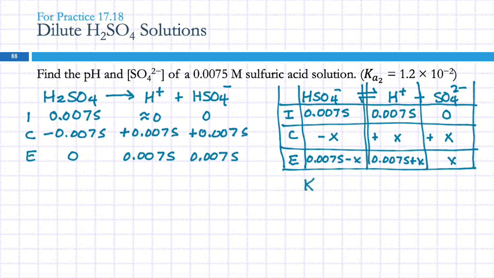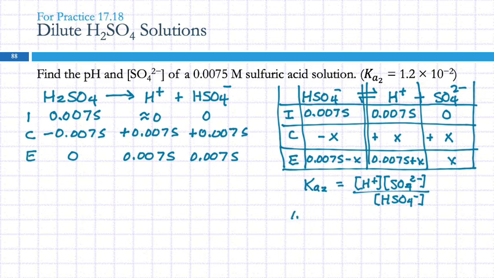Well, I'll just go ahead and do it. So Ka2 will be that, right? The products divided by the reactant. And then we take these and plug them in.